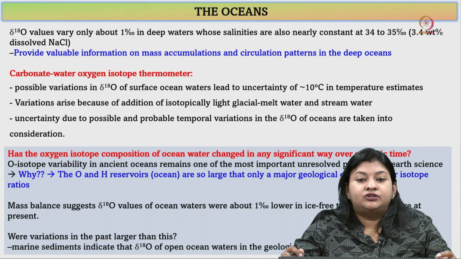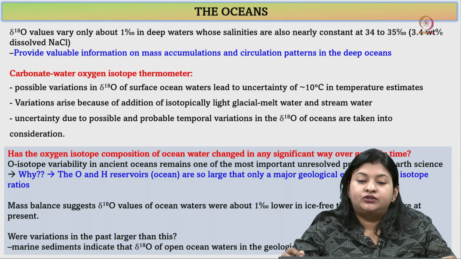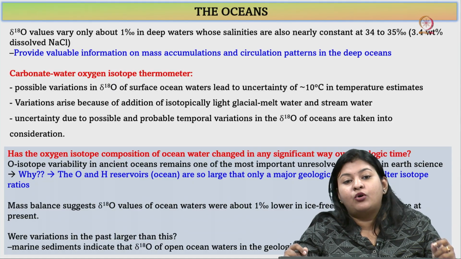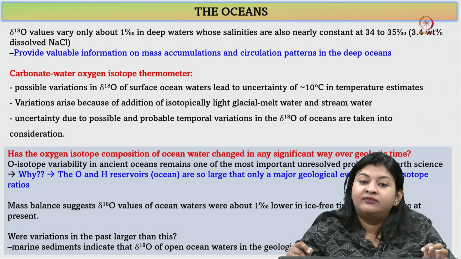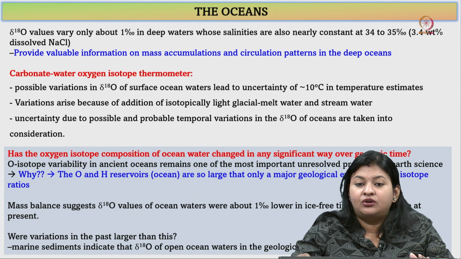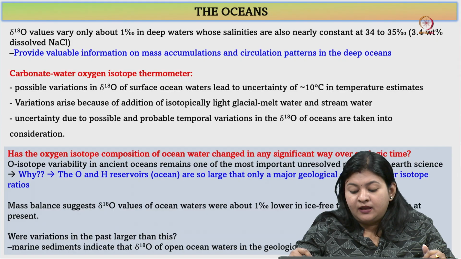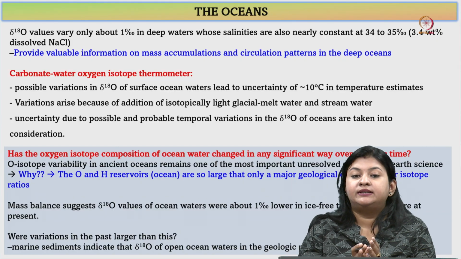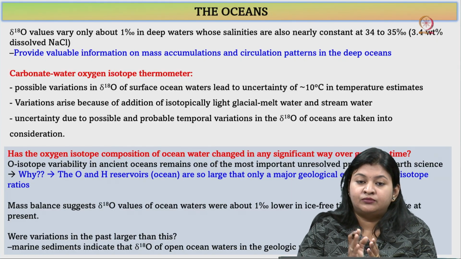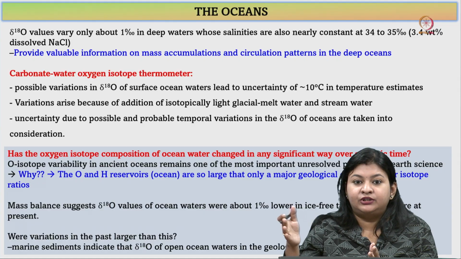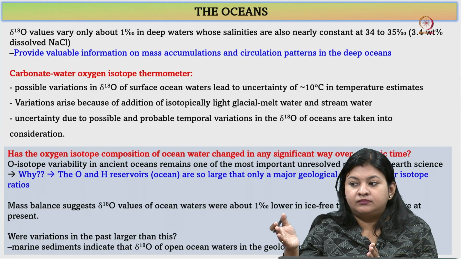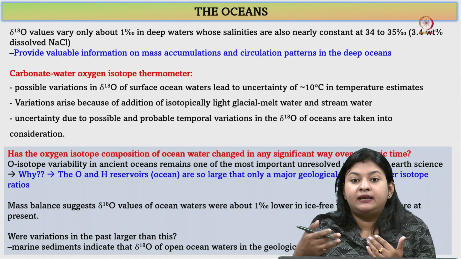The first and most important question is how the composition of the delta 8 itself has varied over the geological time scale. Because if we are not sure how the delta 8 of the water itself has varied, then we do not have something to refer to when we are comparing it.